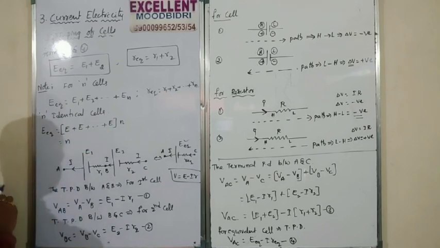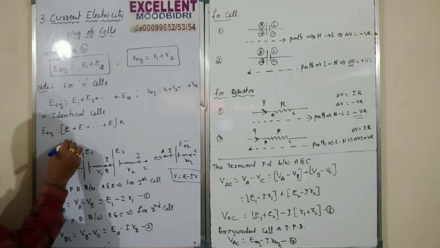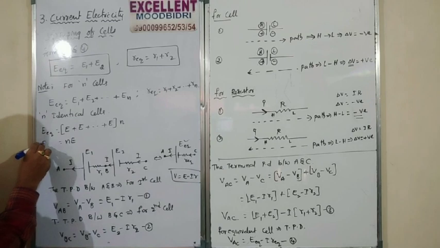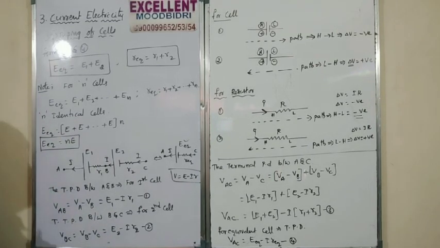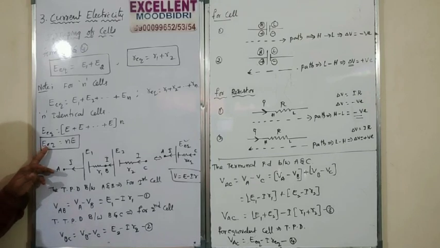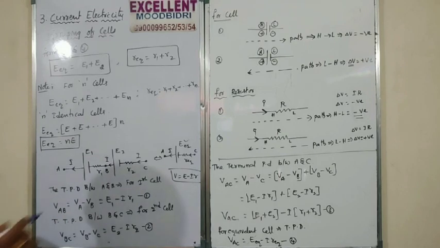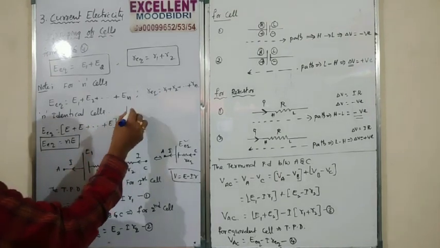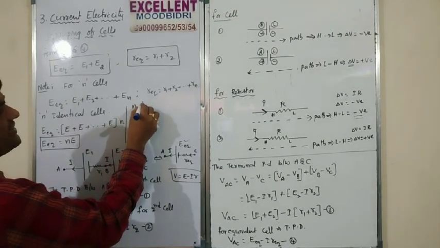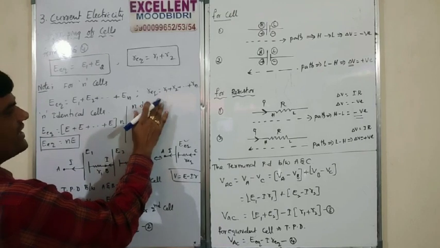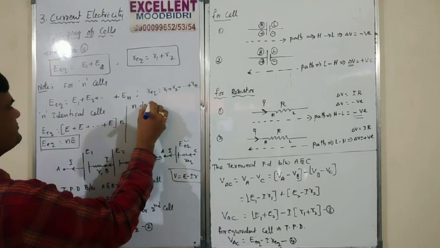N. Each cell's EMF is equal to E. So this is a very important formula. For N identical cells connected in series combination, E equivalent is equal to N into E. Similarly, for R, N identical cells are there.